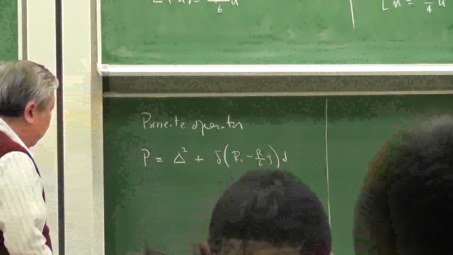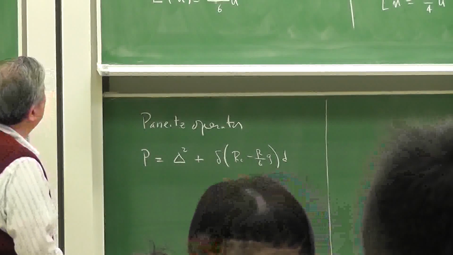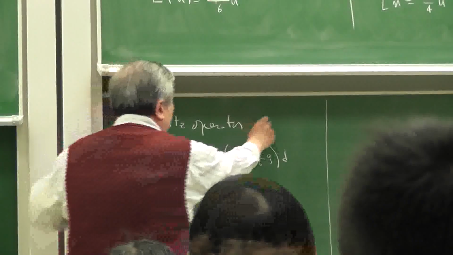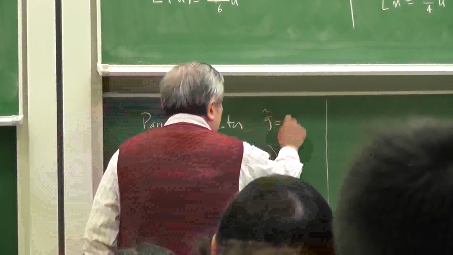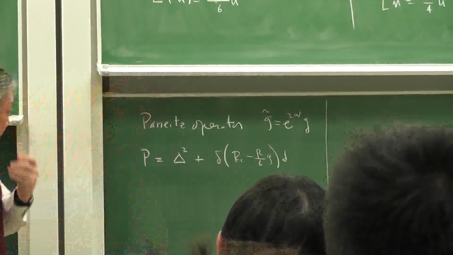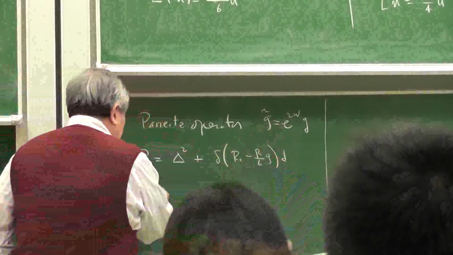So this operator has many magical properties. The most important one is the conformal covariance. Now this time I write G tilde as the conformal metric. Then, if I have a new metric, then I have a P tilde. Right?